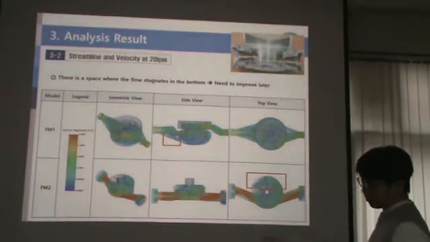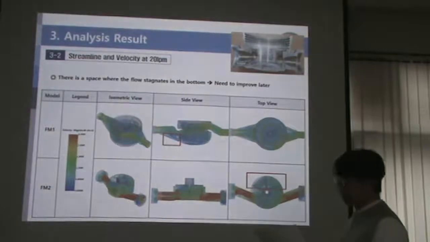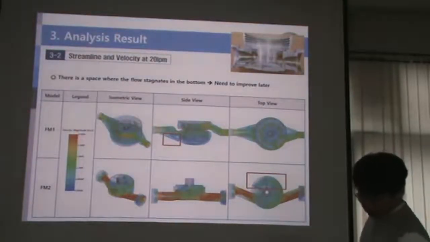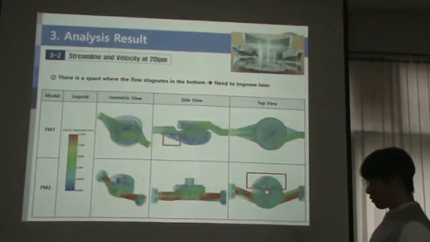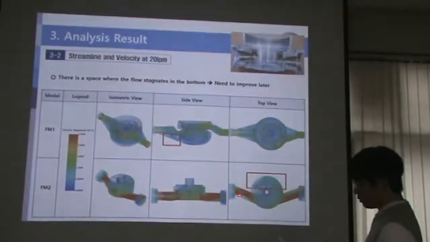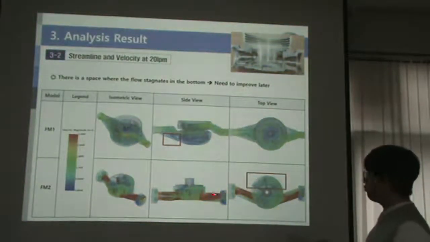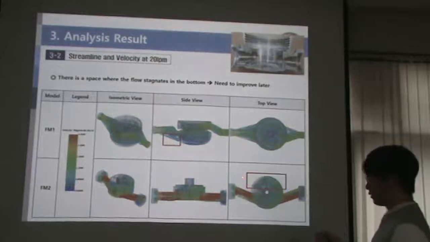FM2 is supplied with momentum of flow only to some of the blades, with the inlet and outlet inclined at approximately 15 degrees to the tangential surface.